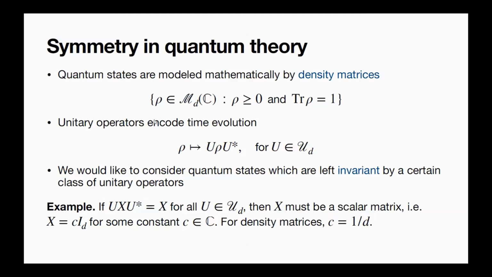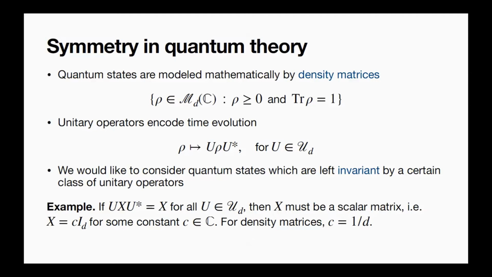These are positive semi-definite matrices rho which have trace 1. You might think of these density matrices as a non-commutative generalization of probability vectors. Indeed, the eigenvalues of such objects are probability vectors, but they are matrices, so they have this non-commutativity.